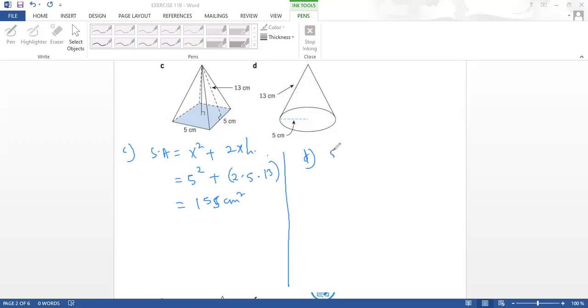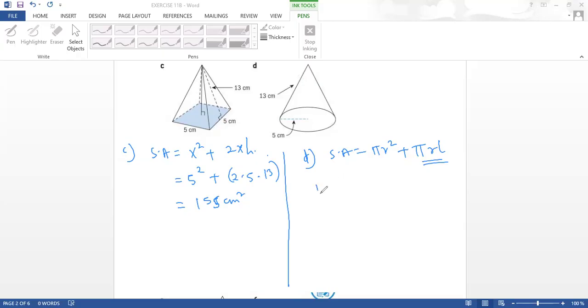And then for D, this is a cone, it's a pyramid, but with a circular base. So the surface area will be given by the base area, which is a circle, plus the area of the curved part, which is always given by pi r l. Make sure you know how to derive this formula using the concept of ratios of length and area.